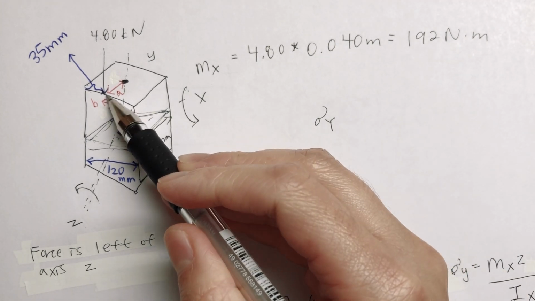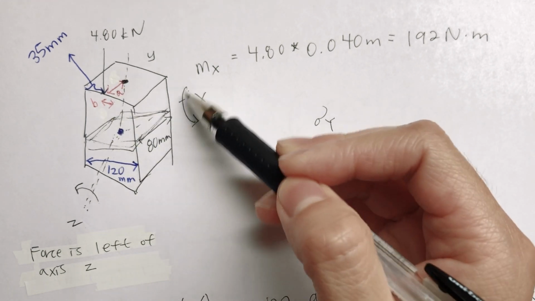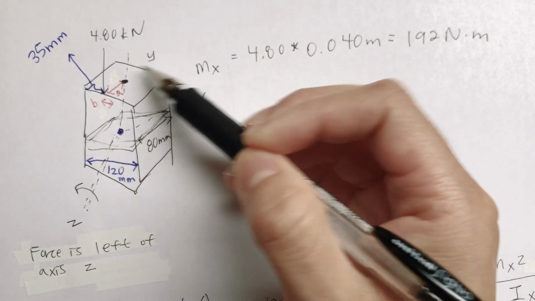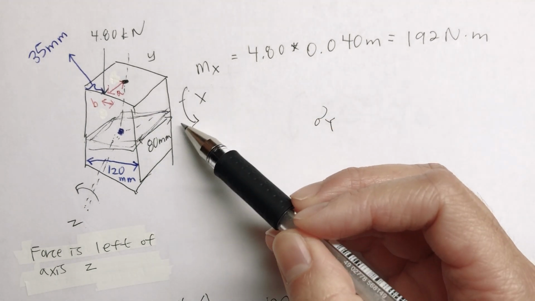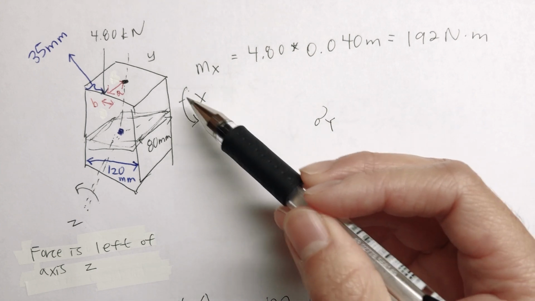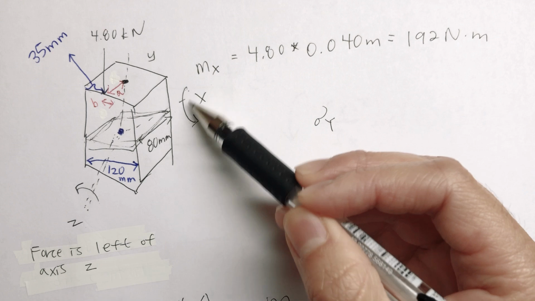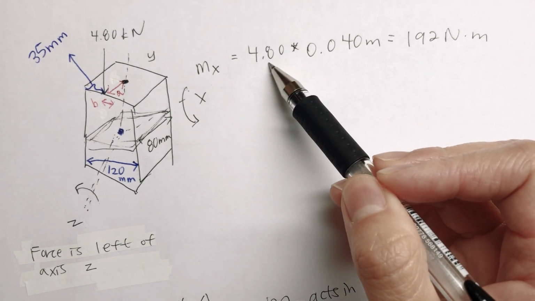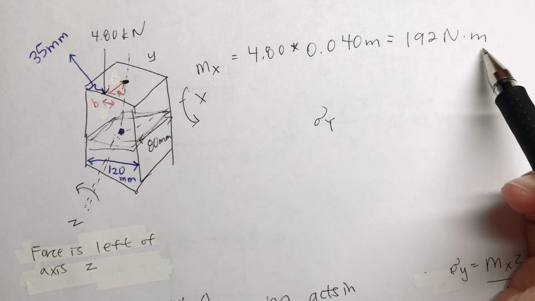This load is going to cause a moment about the x-axis, and A is the moment arm. The moment arm is going to be 80 divided by 2. So moment about the x-axis is 4.80 times 0.04 meters equals 192 Newton meters.